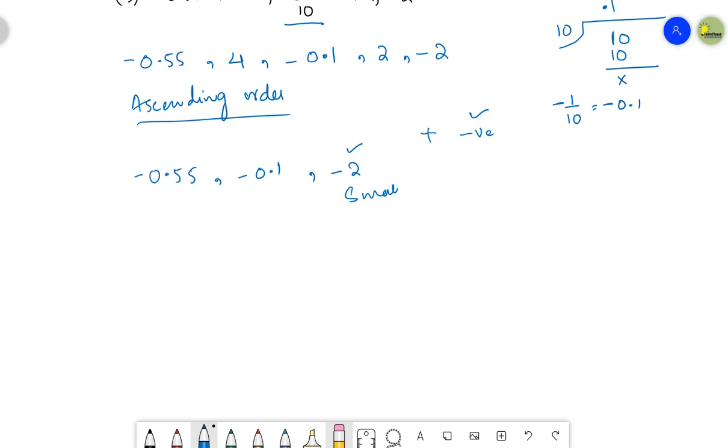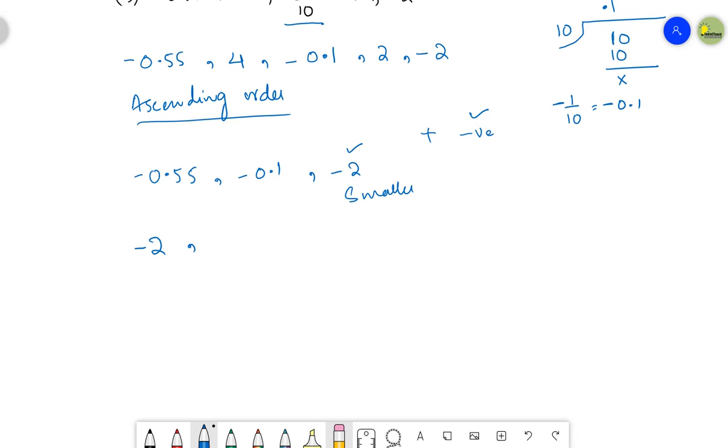Since it has a negative sign, it is more negative or more smaller. So we can say that minus 2 is the smallest value among all three. Why? Because it is a bigger number with a negative sign.